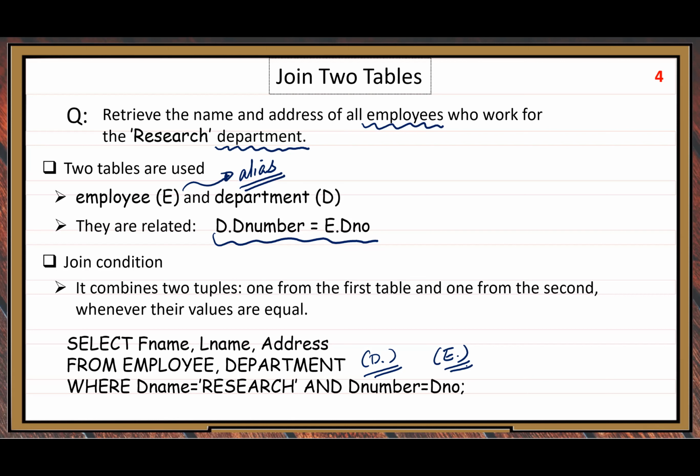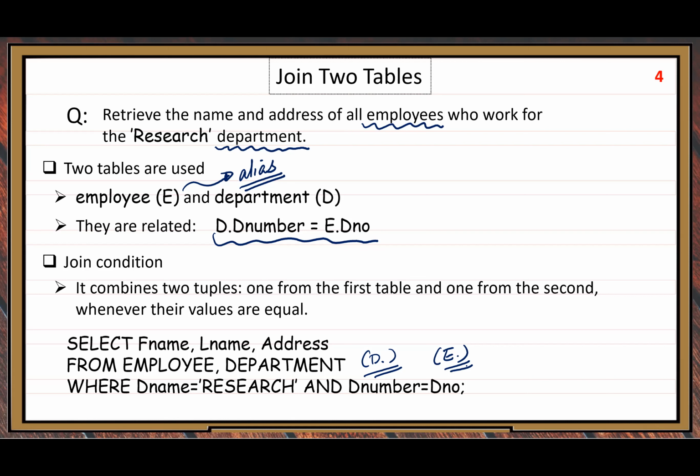We do not have to use that alias. You can just write D number directly. Dno only appears once in the tuple, so you do not need to put E dot Dno. Although it's optional, you can skip.